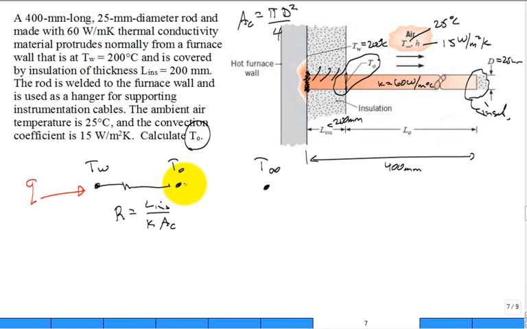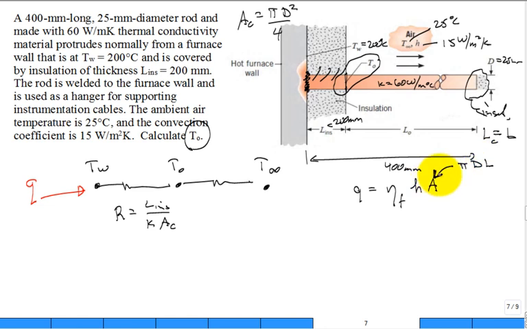All right, what about out here? Well, I remember my fin equation, that Q fin is equal to some efficiency of the fin, some h times some area. Because it's insulated, I don't need to use the corrected length. The corrected length is the same as the physical length. All right. Times that area. That area is pi dl, true?